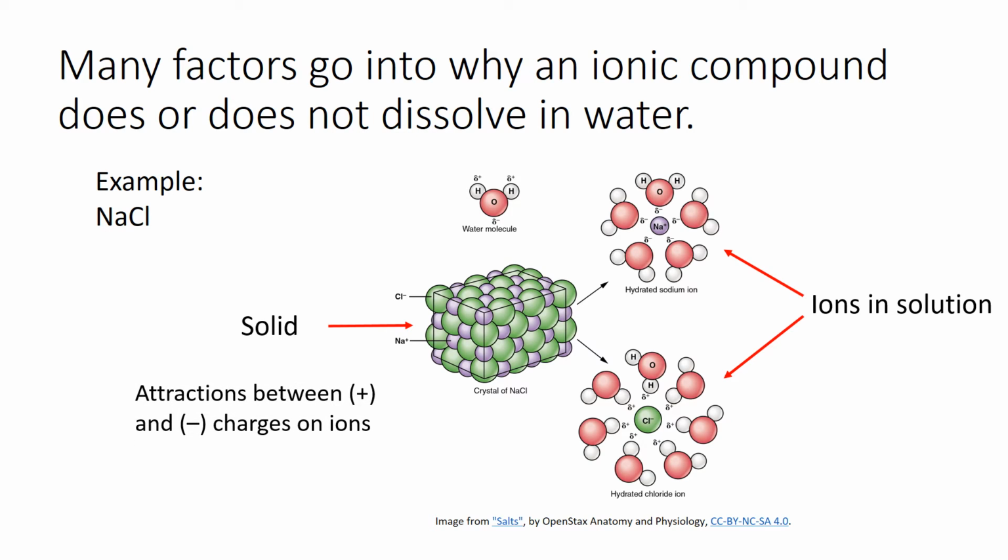So in the solid, you've got the Coulombic attractions, and in the liquid, you've got the attractions between the charged particles and the water molecule, which is a polar molecule. So it's very complicated. Even an experienced chemist would have a hard time, without more information, predicting if a particular ionic compound would be soluble or not. And that's really where the solubility rules come into play.